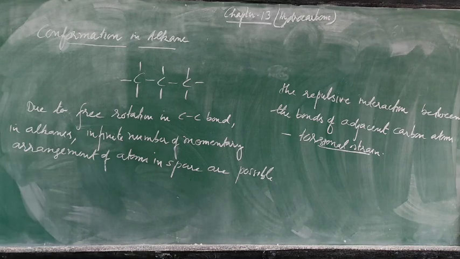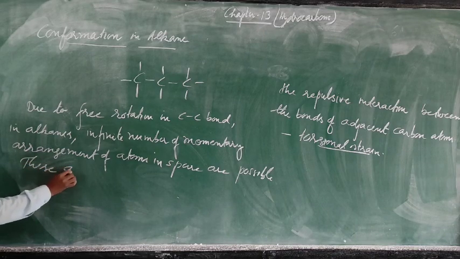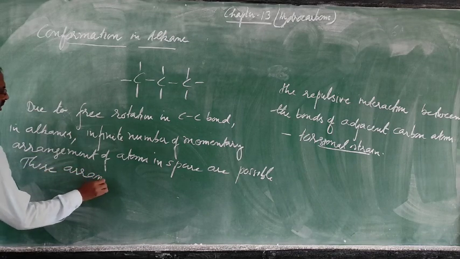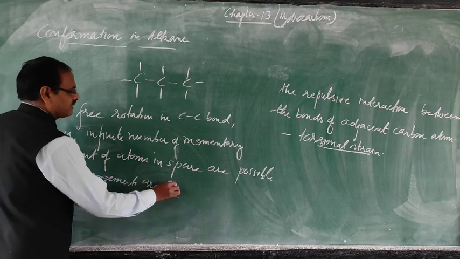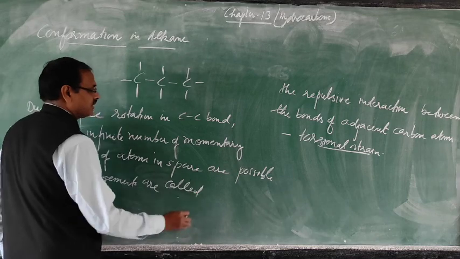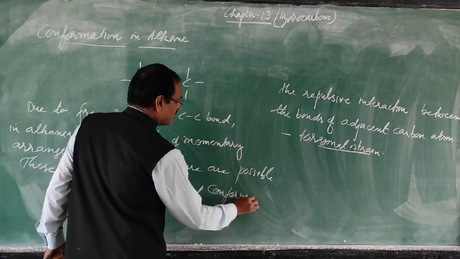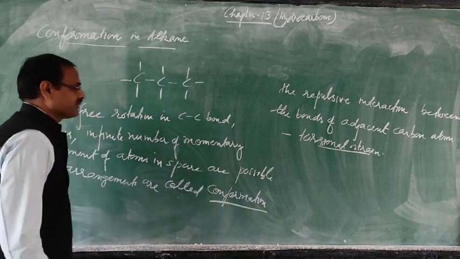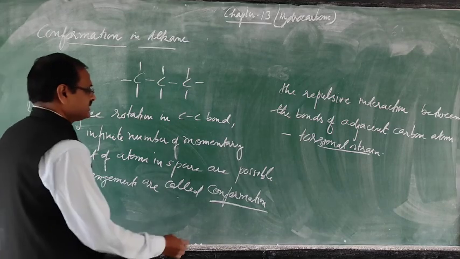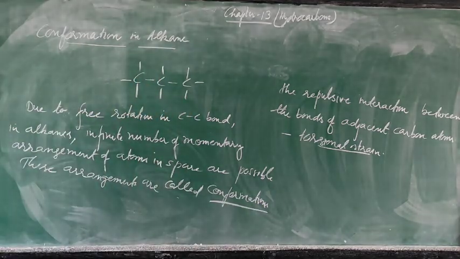These arrangements are called conformations, or rotamers. So these infinite number of momentary arrangements in space that you are getting are called conformations.